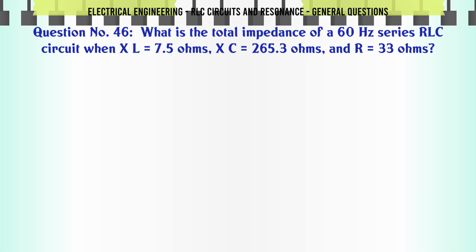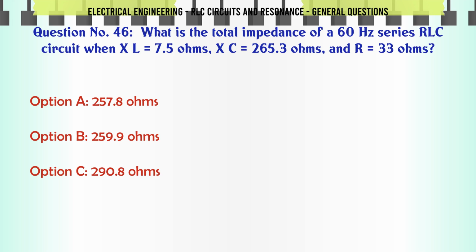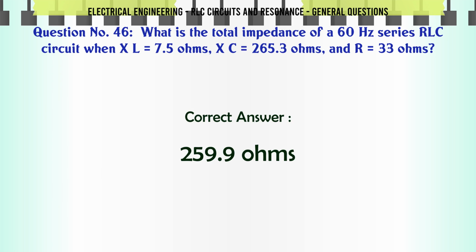What is the total impedance of a 60 Hz series RLC circuit when XL is 7.5 ohms, XC is 265.3 ohms and R is 33 ohms? A. 257.8 ohms. B. 259.9 ohms. C. 290.8 ohms. D. 1989.75 ohms.